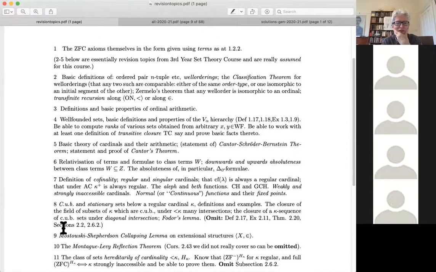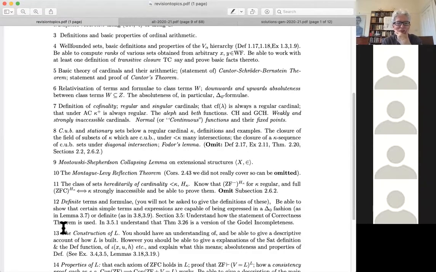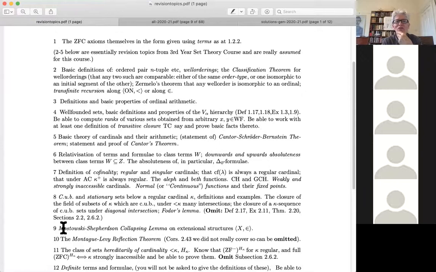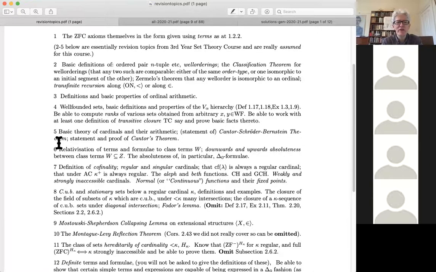I've claimed that the list contains the important items, so that's what I'm going to go through. Items 2 to 5, I've mentioned here, are things from the third year set theory course. So unless you ask me, I won't be saying very much about these things. But of course, you can ask me about anything.